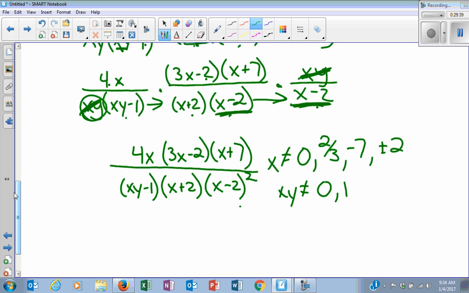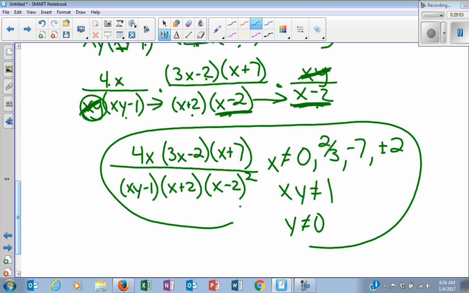I guess what we can do is just say y can't equal 0. x isn't allowed to equal 0. xy is not allowed to equal 1. So that would be all of my answers for this problem. Alright? We'll practice more on this tomorrow in class.